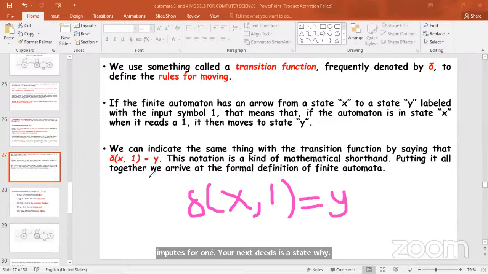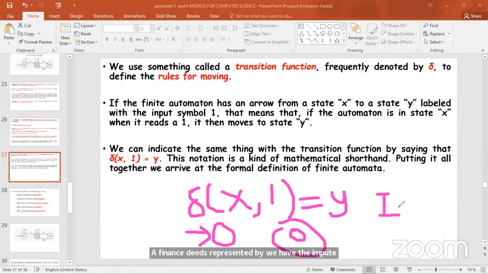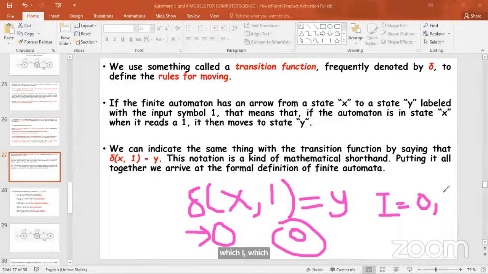Putting it all together, we arrive at a formal definition of a finite state automaton. So we understand that this is a transition function. We have the initial state being pointed at by an arrow. We have a final state represented by a double circle. We have the input symbols of this language, the string symbols 0 and 1. So when we put all of them together, what do we have?